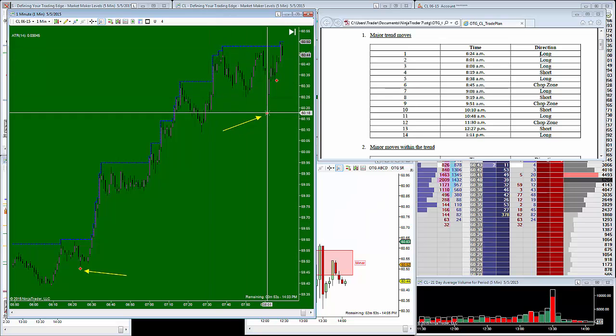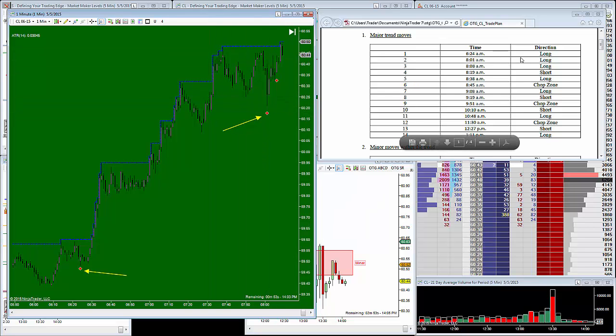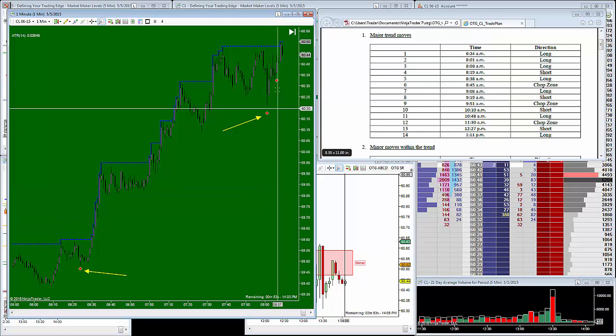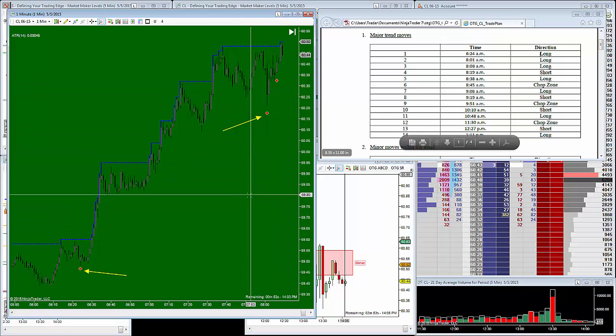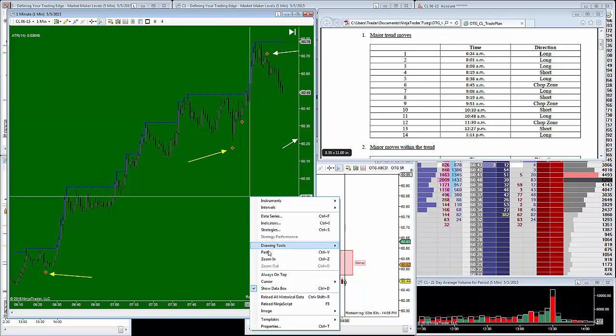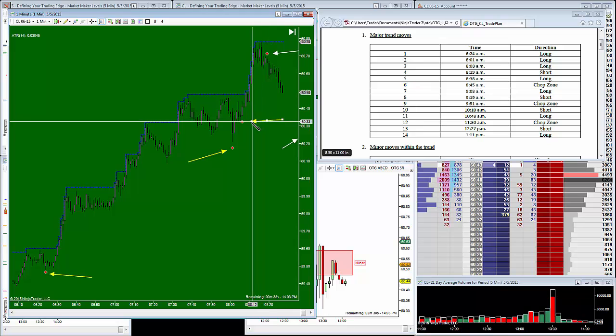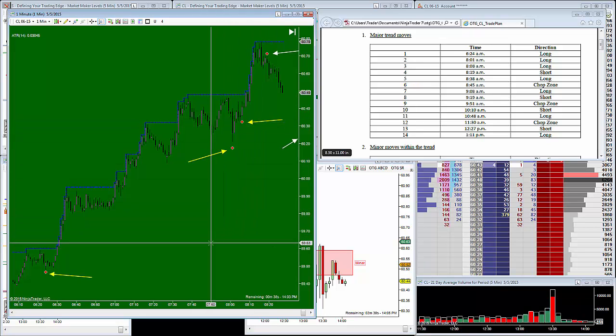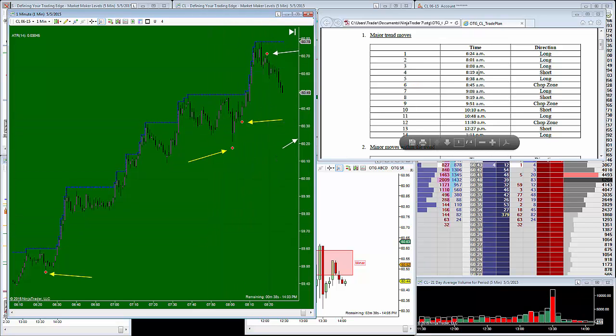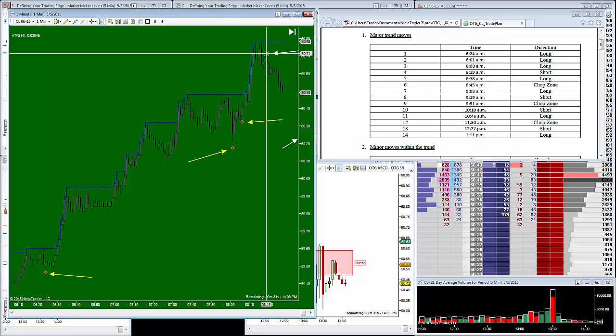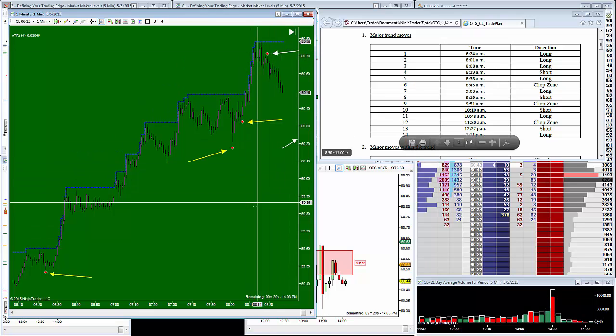We did go up, we came back down, and then the market was expected again to get long. So at 8:01 a.m. it did go up long. We were expecting it one more time to pause, and then again to get long at 8:08 a.m., which is right here. And then, of course, it moved up, and then at 8:19, which is this red dot here, we expected the short to occur.